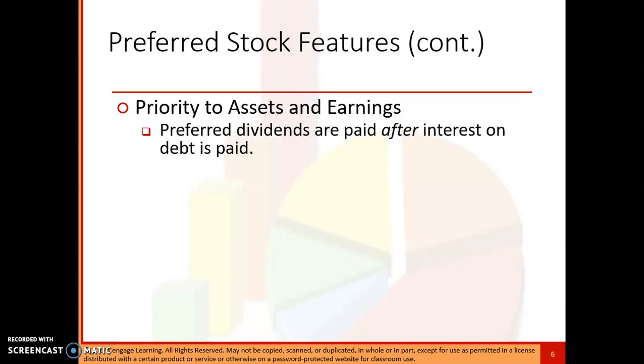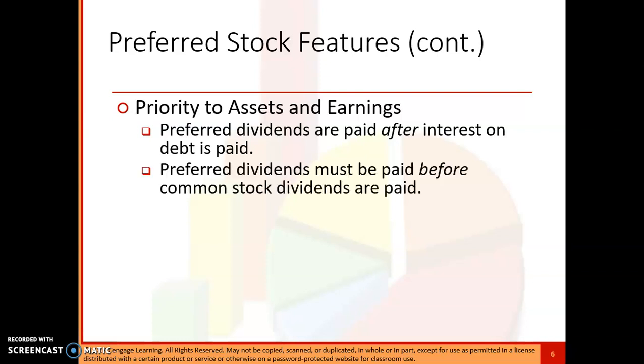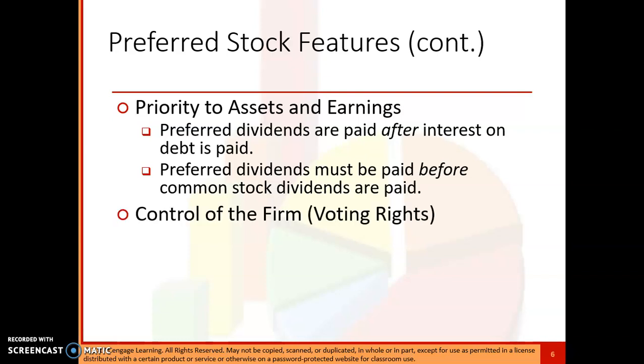Preferred dividends are paid after interest on debt is paid, but must be paid before the dividends on common stock are paid. And we talked about if the company is in arrears, the preferred shareholders have to be made whole before the common stockholders can be paid.